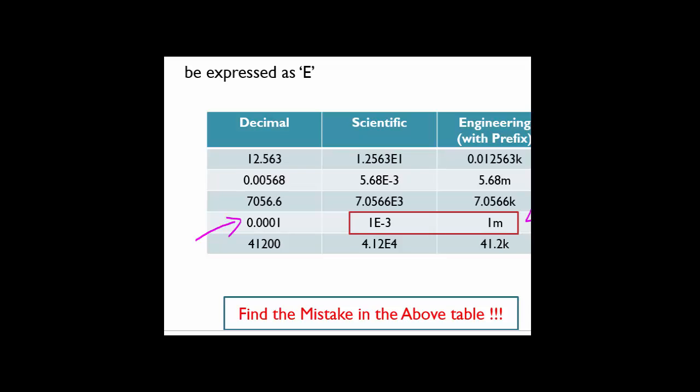Right. So if I want to convert this into scientific notation, scientific notation means the number must be between 1 and 10, and the power of 10 should be any integer. So all I need to care about is that the number is between 1 and 10.